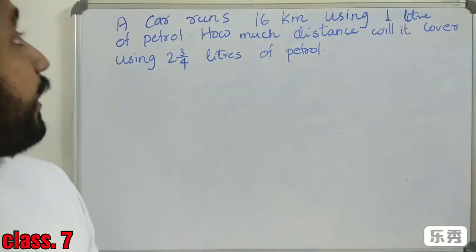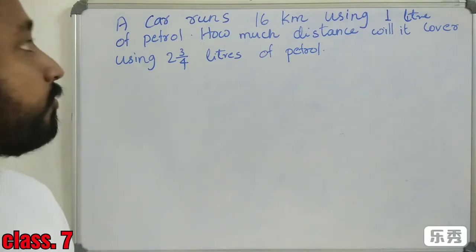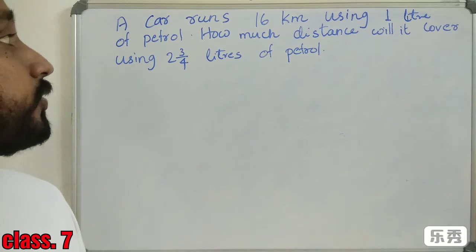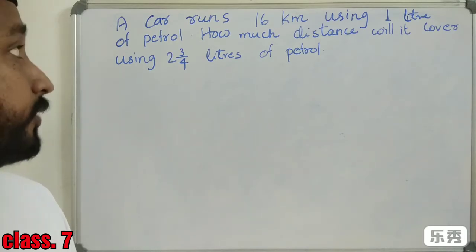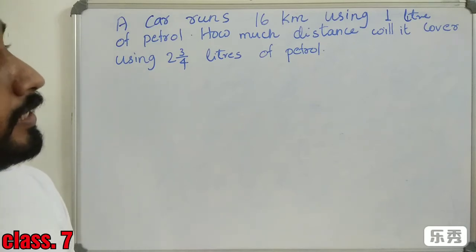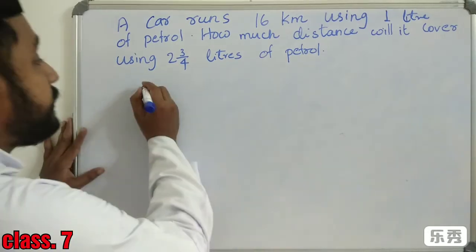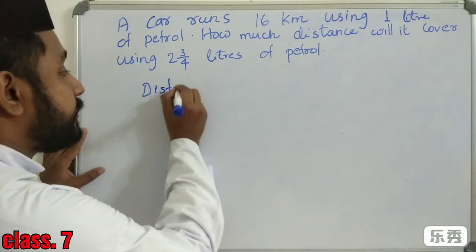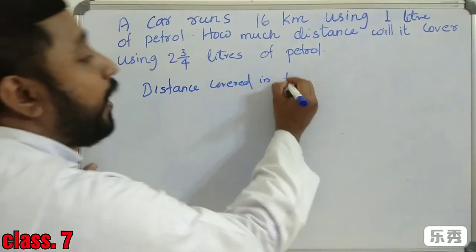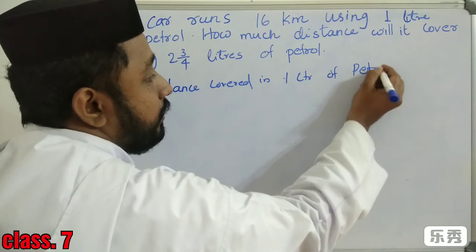Another question. A car runs 60 km using 1 liter of petrol. How much distance will it cover using 2 3 by 4 liters of petrol? So the distance covered in 1 liter of petrol is given.